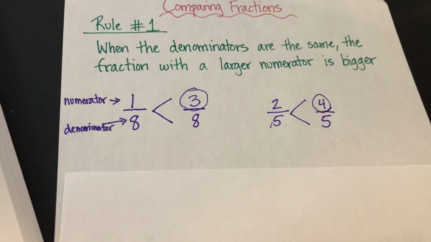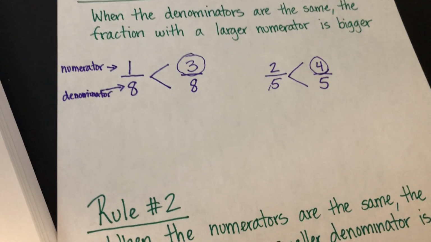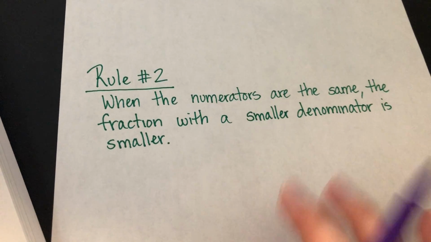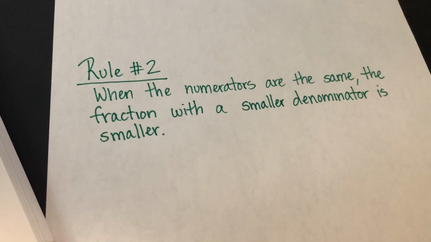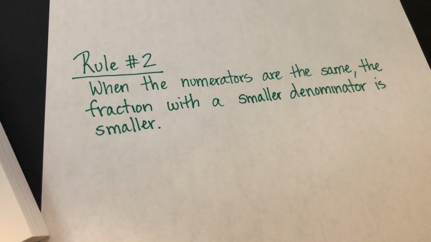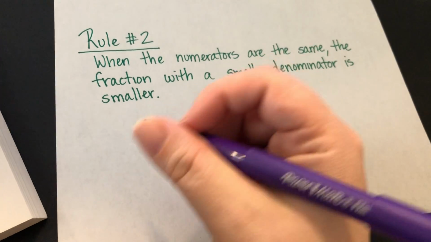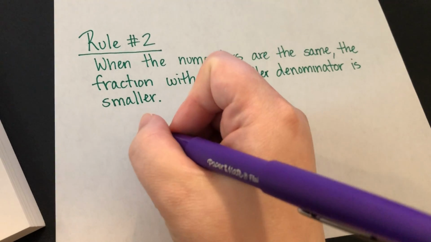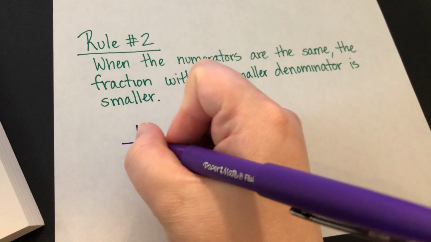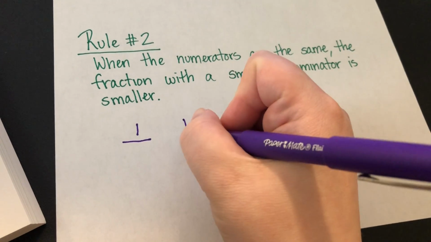Now I'm going to go ahead and show you rule number two. Rule number two says that when the numerators are the same, the fraction with the smaller denominator is smaller. So let me give you an example for that one as well. So let's say that the numerators are both 1.